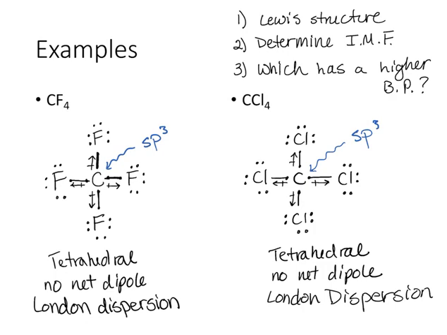Okay, these two molecules again are super similar. So how do we figure out which one has a higher boiling point? Remember from earlier, we said that a greater surface area equals a greater boiling point. Now we've narrowed it down to fluorine versus chlorine, right? Those are the only differences here. Which atom is bigger, fluorine or chlorine?